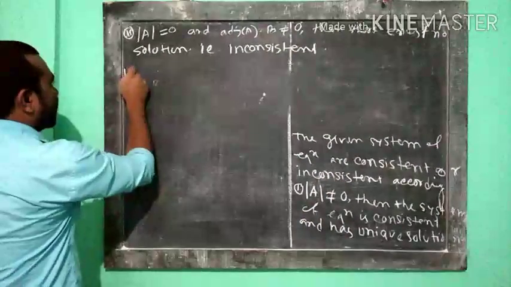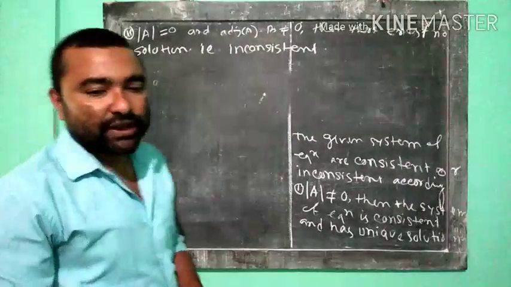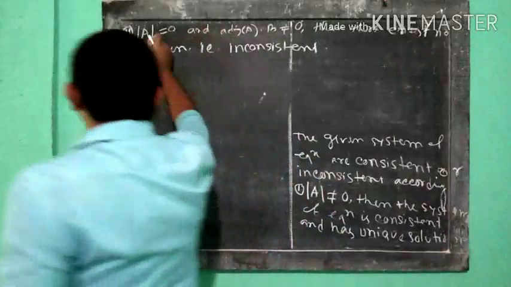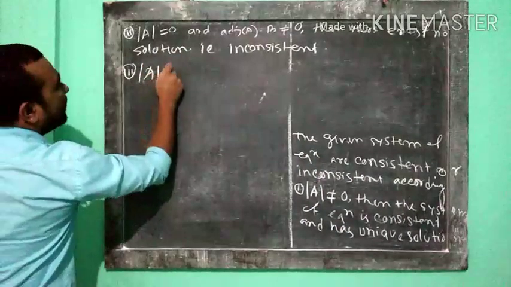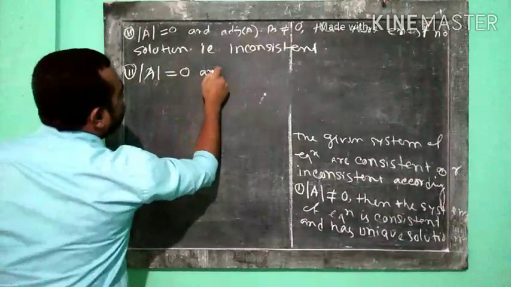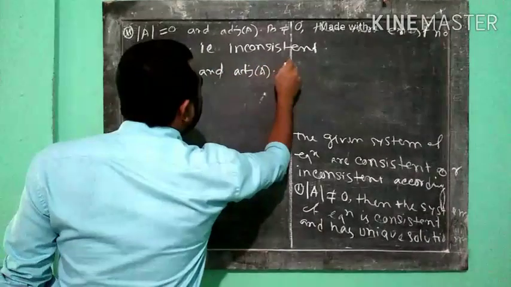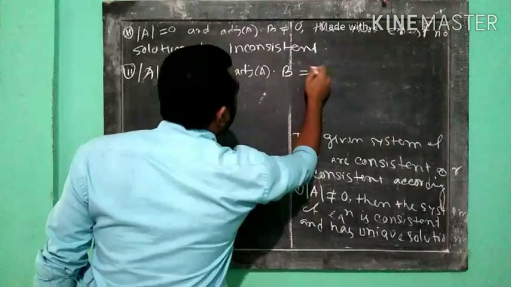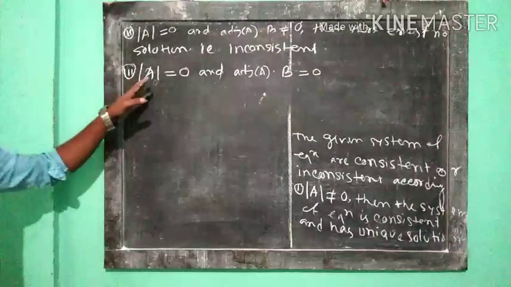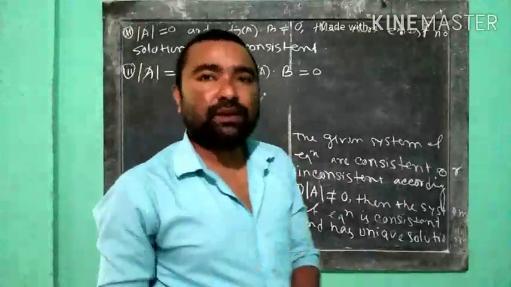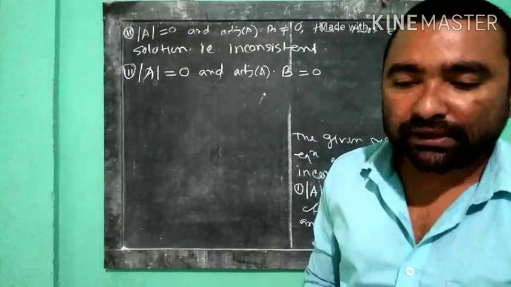Number 3 is what: if determinant of A equal to 0 and adjoint of A into b is also equal to 0, then what do we get?